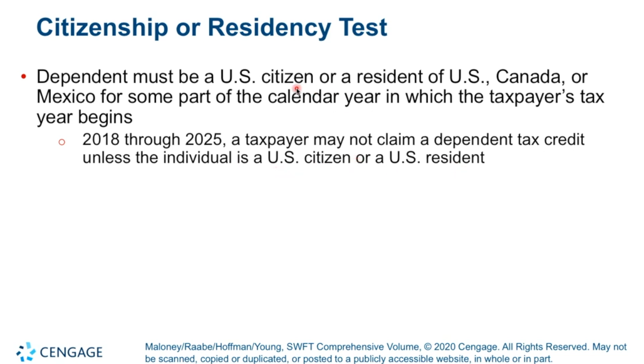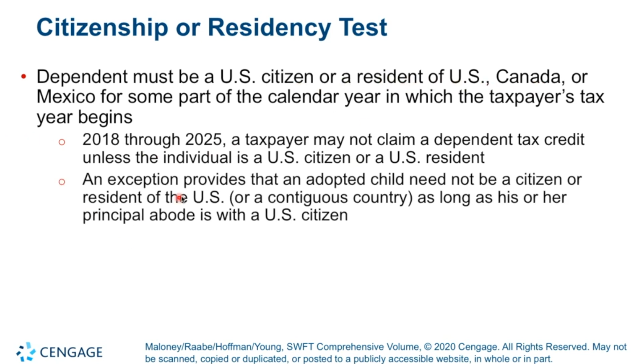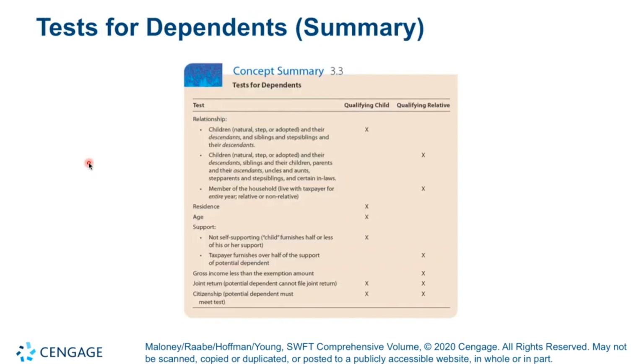So that's new. It used to be a U.S. citizen or resident of the U.S., Canada, or Mexico. An exception provides that an adopted child does not need to be a citizen or resident of the U.S., as long as his or her principal home is with a U.S. citizen. So of course this is aimed at illegal immigrants.